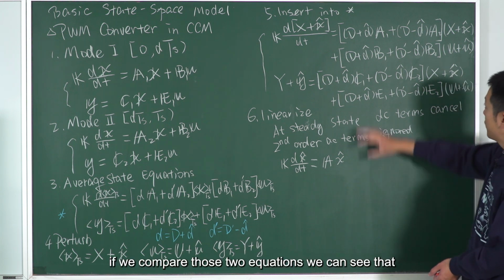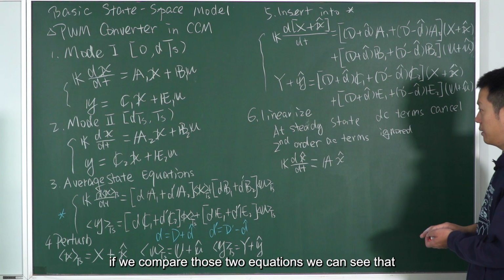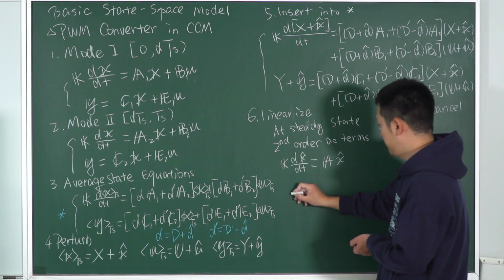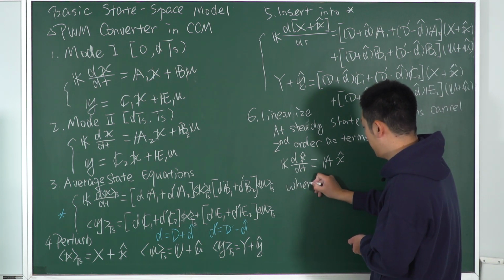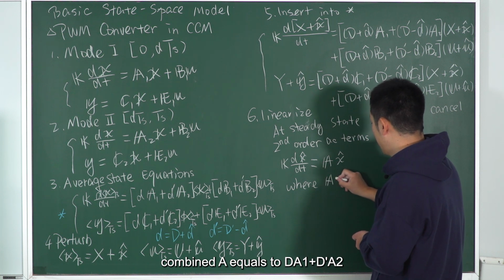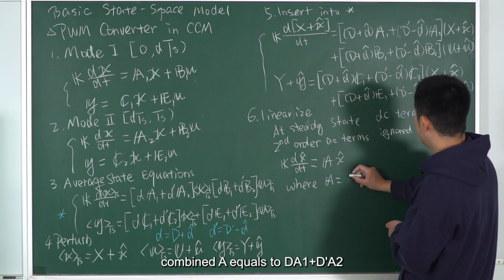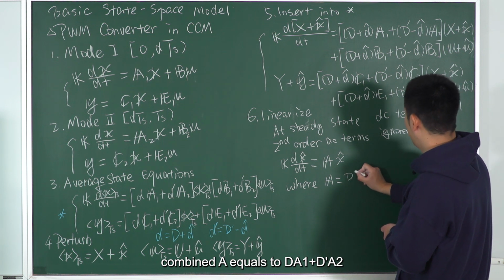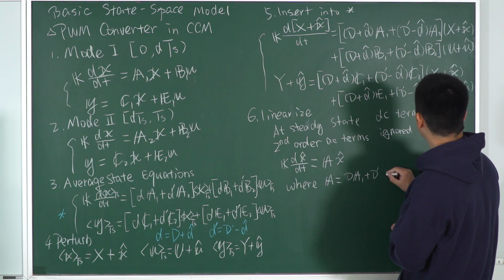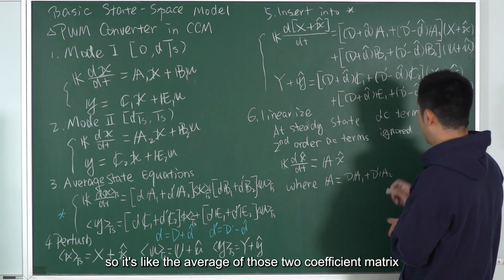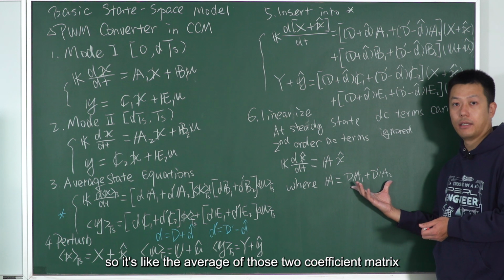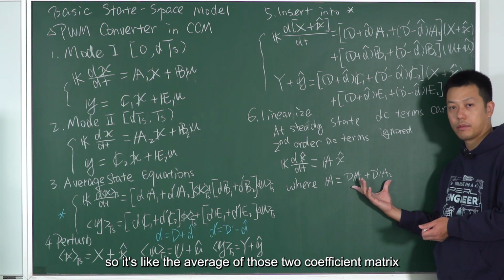So if we compare those two equations, we can see that the combined A equals to d A1 plus d prime A2. So it's like the average of those two coefficient matrices.